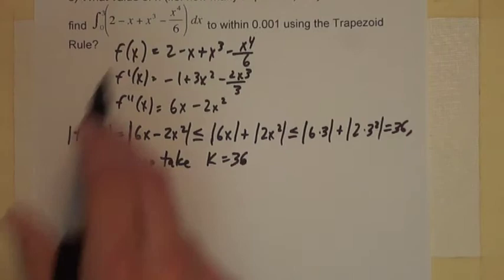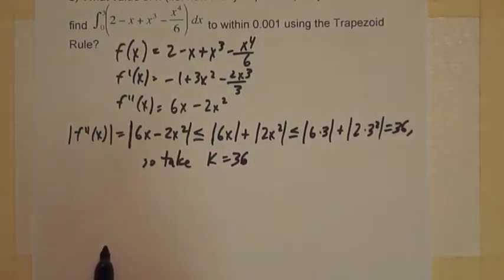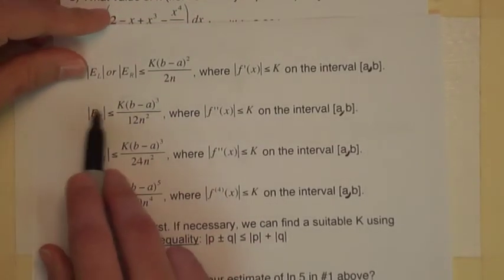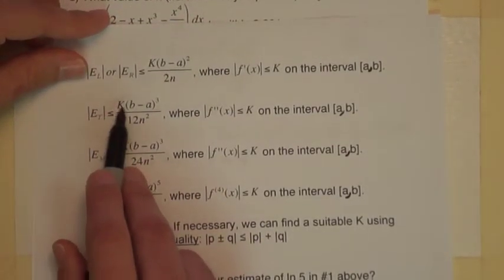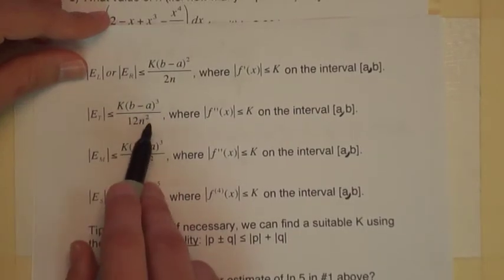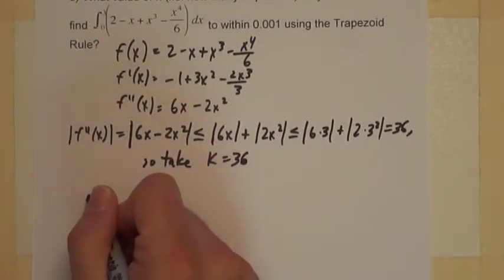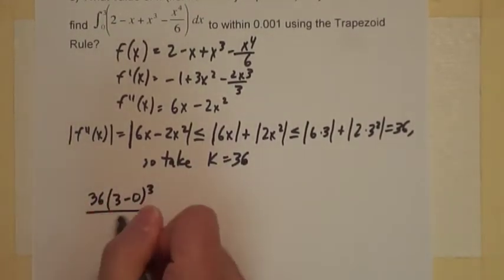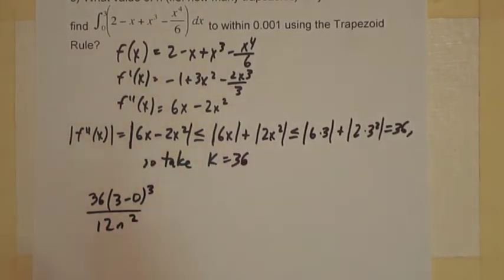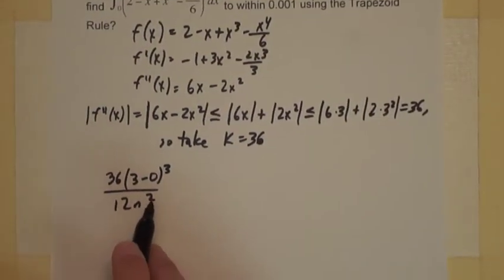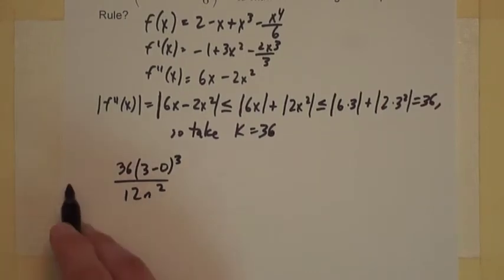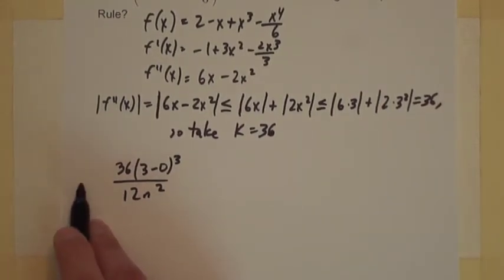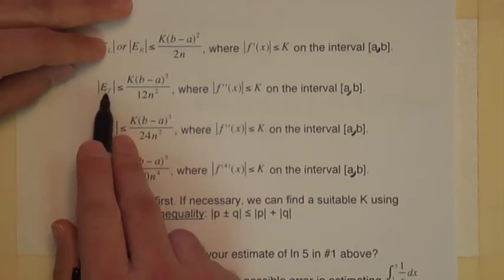The second thing is we have to find what value of n we need. So if we go to our formula here, we see that the error is at most k times b minus a cubed over 12n squared. Now, at this point, many people would put the 0.001 over here on the left side, because it looks like that's where it belongs in the formula.